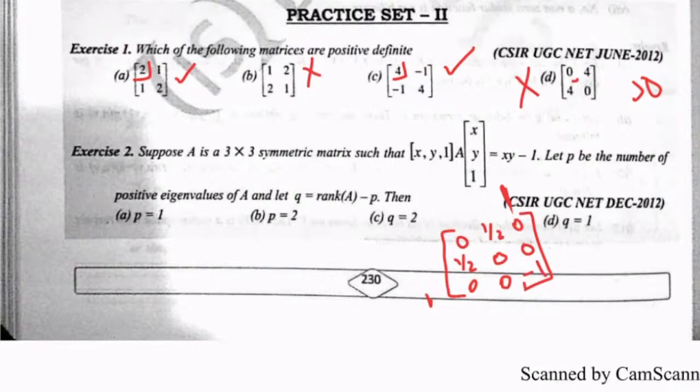We have to find the eigenvalues of the matrix, and then only can we find the P and Q values. This is a symmetric matrix. P is the number of positive eigenvalues, and Q is the number of negative ones. They didn't give the value of Q, so we have to find the eigenvalues.